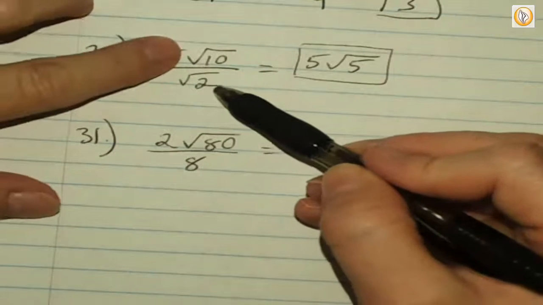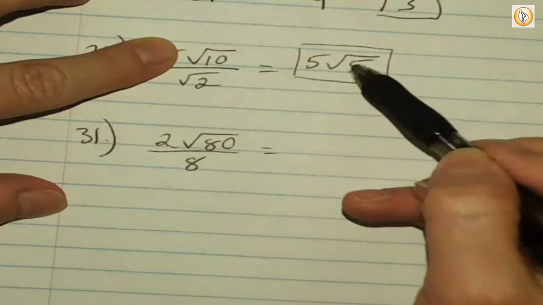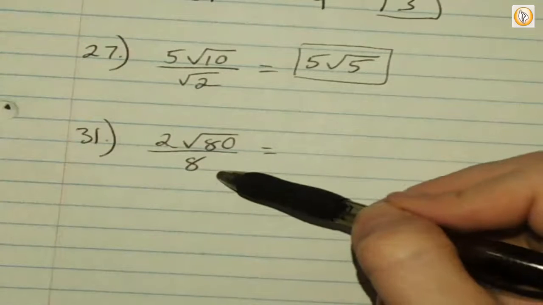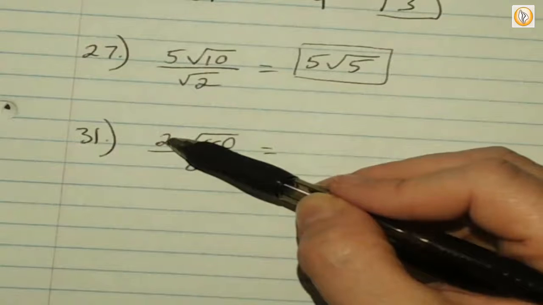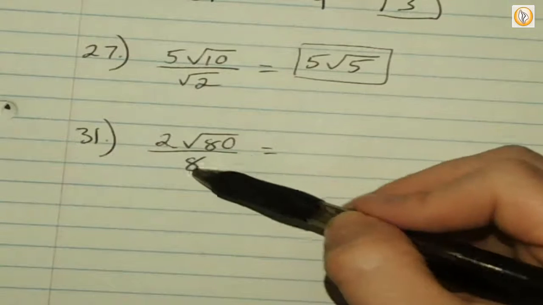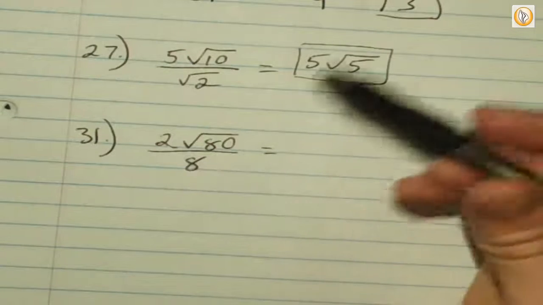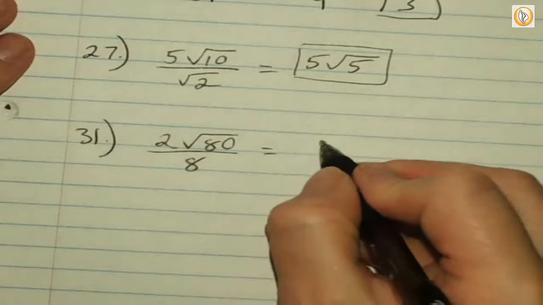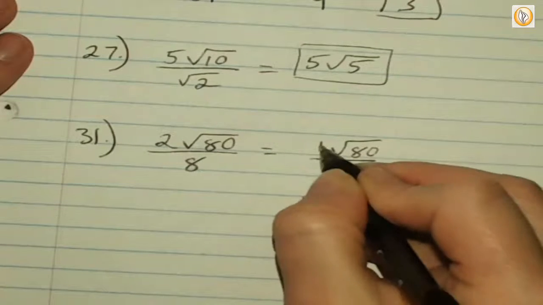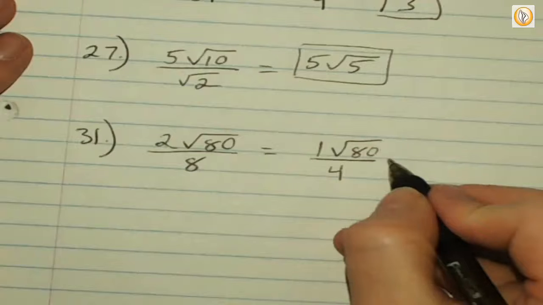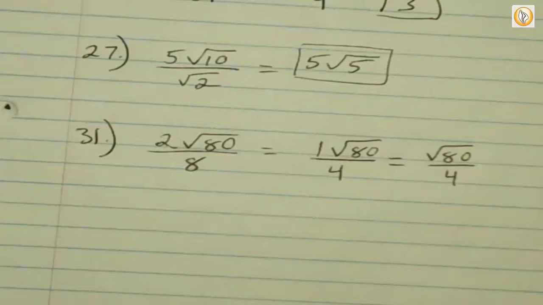Look here. See how the 2 is in a square root here? So we could divide these 2. And we got that. 8 is not, but the 2 isn't either. So can we simplify the 2 and the 8? Yes, ma'am. Emily, what would it be? Yes, Emily, you're correct. It would be 1 times square root of 80 over 4. You do not have to write the 1. I'm going to rewrite it, it'll look like that.